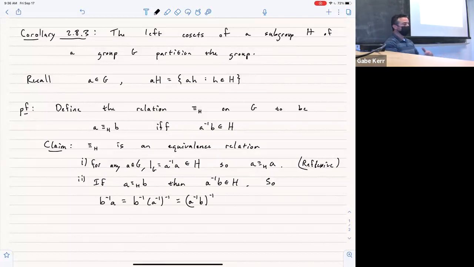As I was just saying, if A inverse B is in H, its inverse is in H.